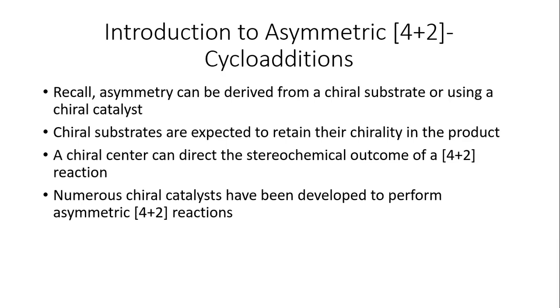You might have competing transition states, but you expect it to maintain that chirality as long as your chiral center is not on the reactive site. So you can direct that using that chiral center, and the number of catalysts that have been developed to do asymmetric 4+2 cycloadditions is just unreal. But we're only going to touch on a few of those examples, but not today.